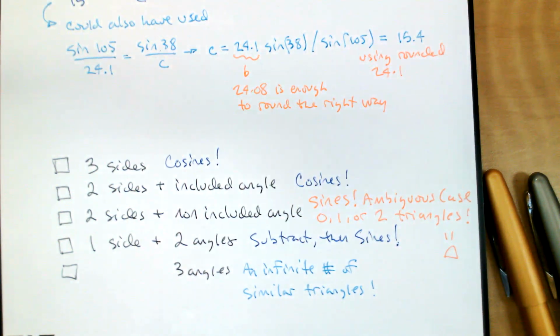We could use some information to find out the ratios of these sides, but that's not generally something that we're going to ask for. If we have 3 angles, we're not looking for 1 triangle. We're looking for a whole category of similar triangles. That's not really one that we're going to worry about.